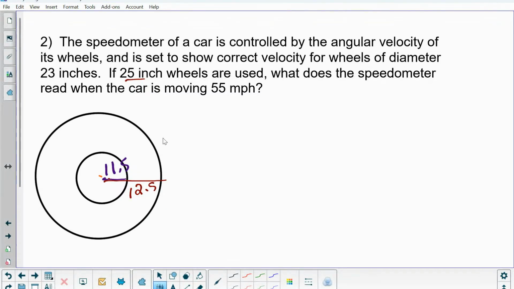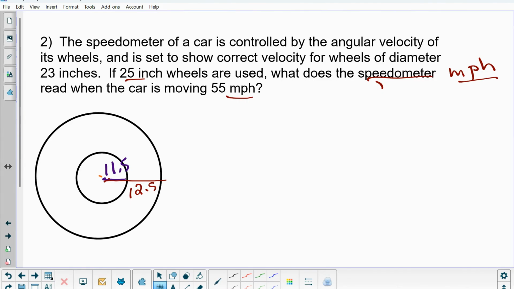So when you do that, it's going to mess up what the speedometer says. It's not going to read it correctly. So we want to figure out what the speedometer would say if the car is actually moving at 55 miles per hour. And speedometers are in miles per hour as well. So we're going to start in miles per hour, end in miles per hour, so I don't have to do any dimensional analysis to switch this up.